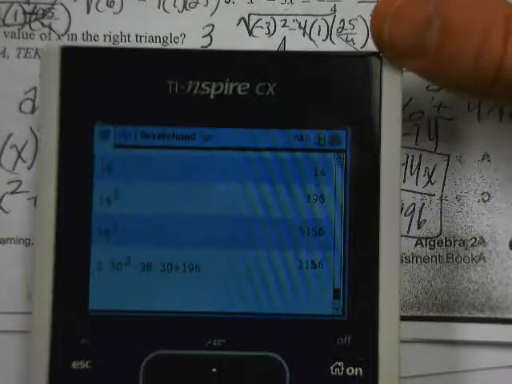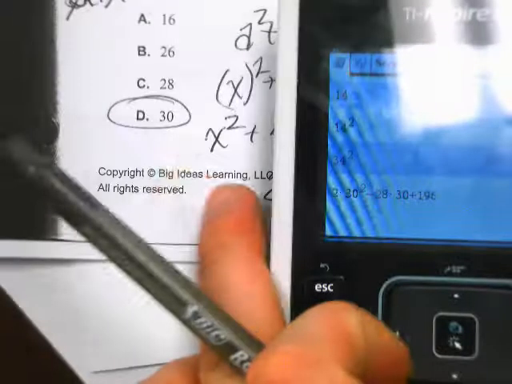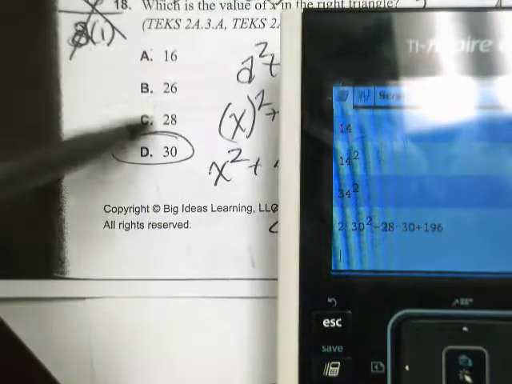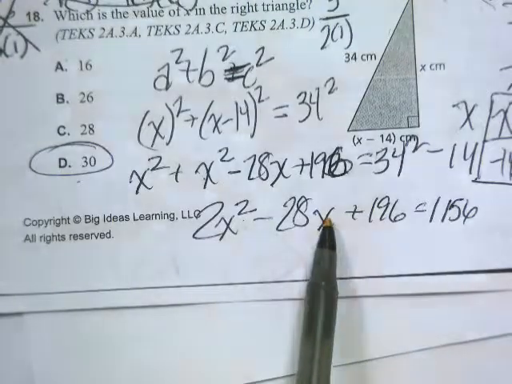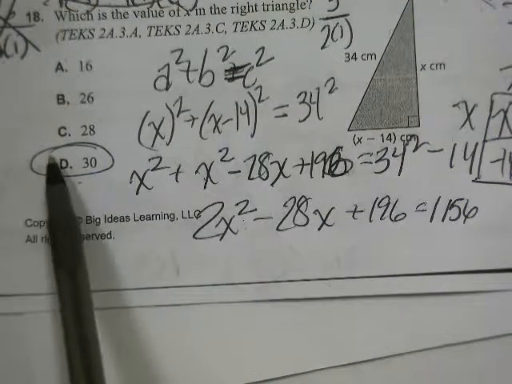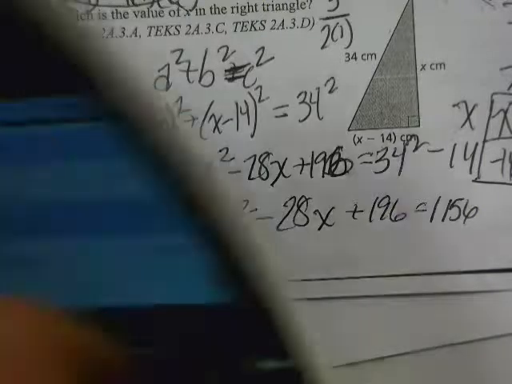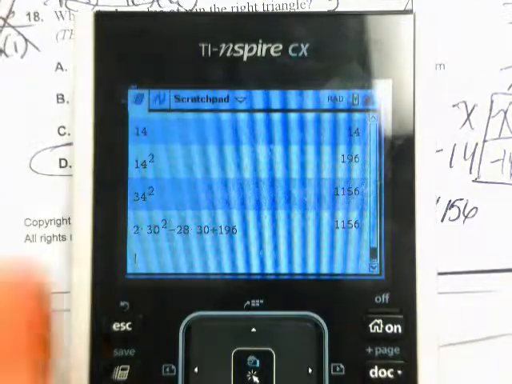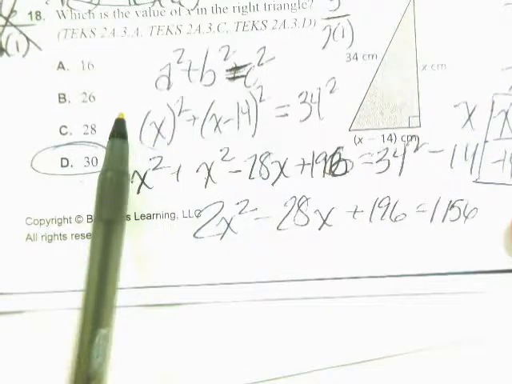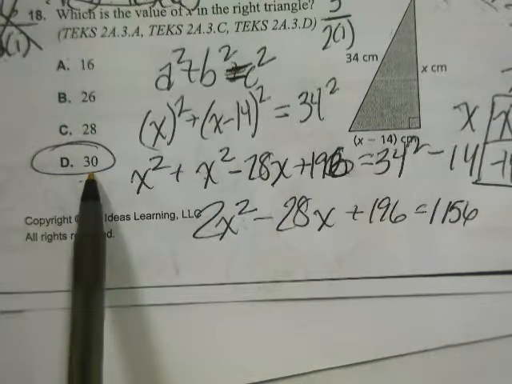And if we've done it right, when you substitute in your answer options, 16, 26, 20, into the equation that you made, 30 was the one that came out to be 1,156, and that's what we needed to balance the equation. So x must be equal to 30.